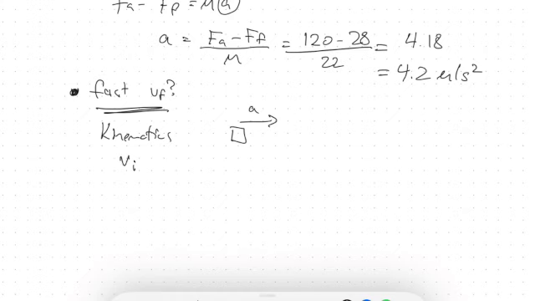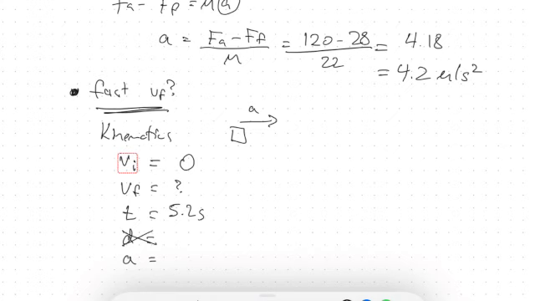So we write down our 5 variables, and we say, what do we know? Velocity initial, we assume 0. Velocity final is what we're looking for. The time is 5.2 seconds.